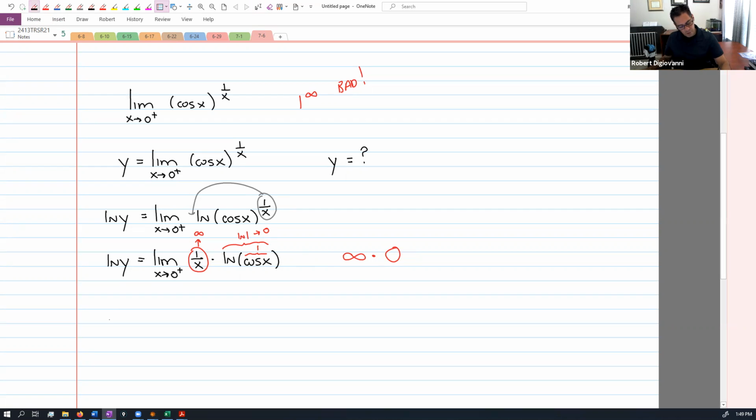So let me show you which one I'm dropping. I'm going to drop the 1 over x. But when I write it on the bottom, it's actually going to look weird. It's going to be natural log of cosine of x over x. Because that's what happens when you move this down, you do the reciprocal of it. So it flips it and becomes just x.